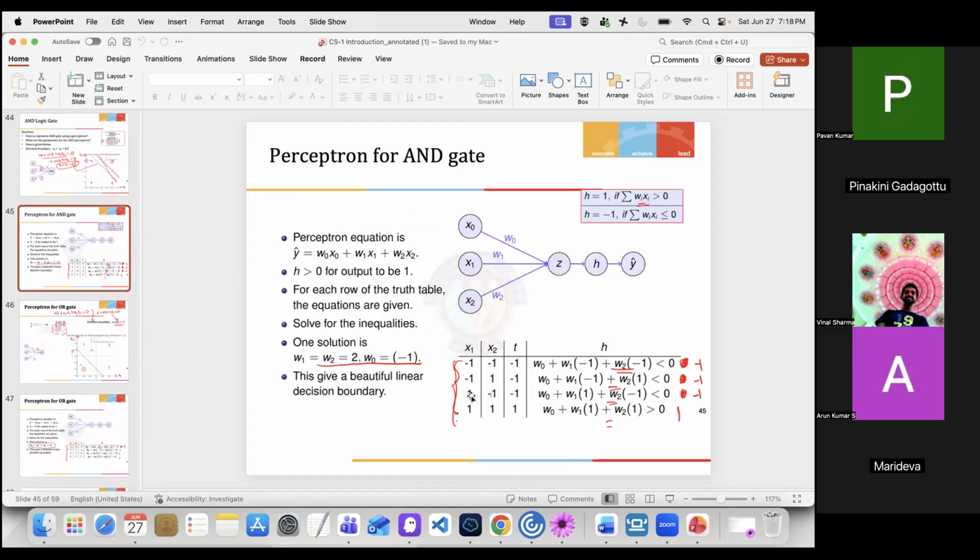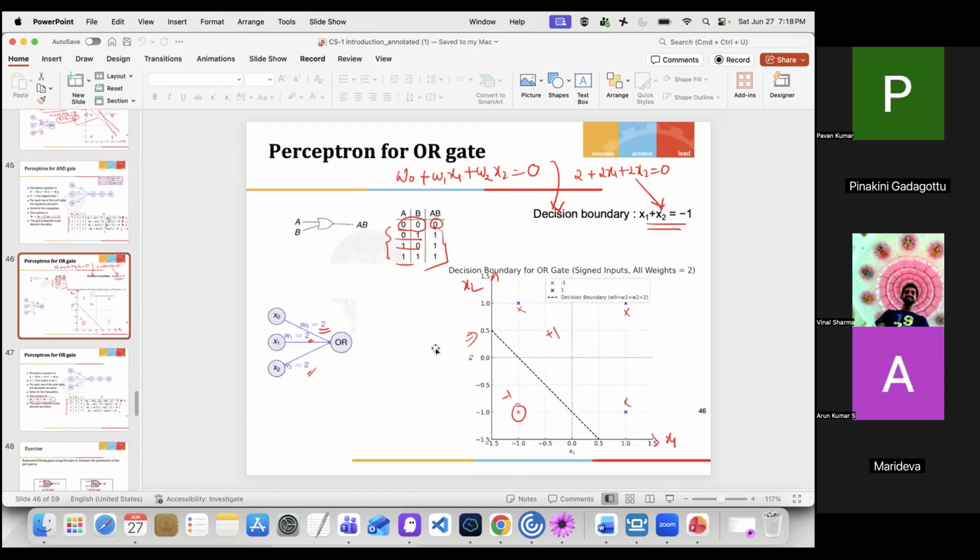Yeah, this also is fine, but if it is in 0, 0, it would have been easier. The output will be 1 only if both are 1. Otherwise, it is 0 or -1. In this case, we will take it as -1, and we are putting the input values as -1 and 1. So the output also will be -1 and 1. When both inputs are 1, the output is 1.